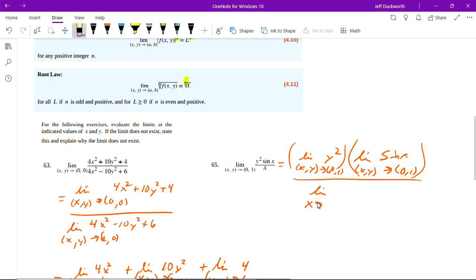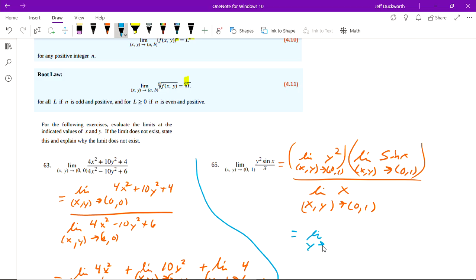Well, I'm jumping ahead. I'm sorry. Okay, and actually I'm going to change colors here so as to not confuse our next question with it. All right, so this is going to equal the limit as y approaches 1 of y squared.